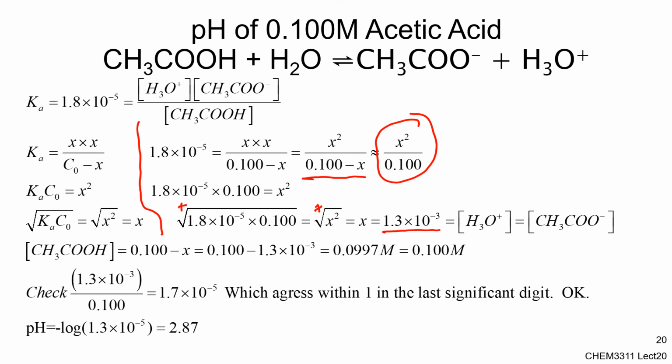From our reaction table before, x was both the concentration for our hydronium ion and for our acetate. So we know both concentrations. We also know that in reality, this is in molar.